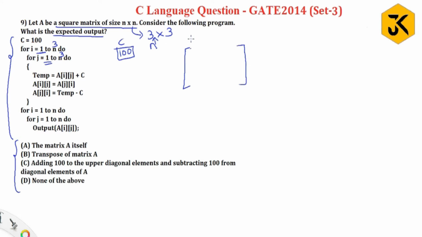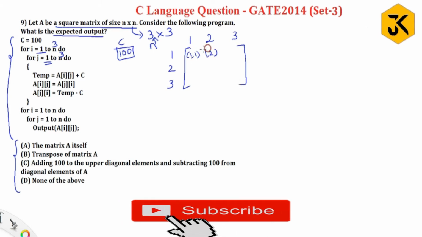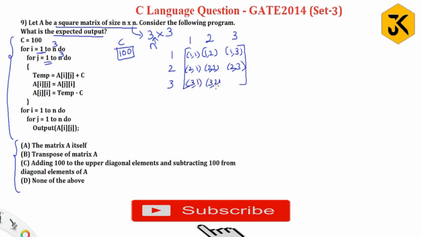So I'm going to represent columns as 1 to 3, rows as 1 to 3. This represents 1 1, 1 2, 1 3, that is first row, third column. Second row, first column. Second row, second column. Second row, third column. Third row, first. Third row, second column. Third row, third column.